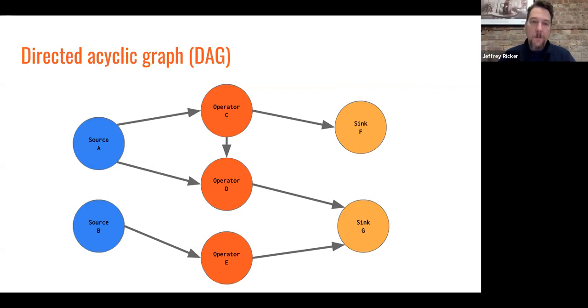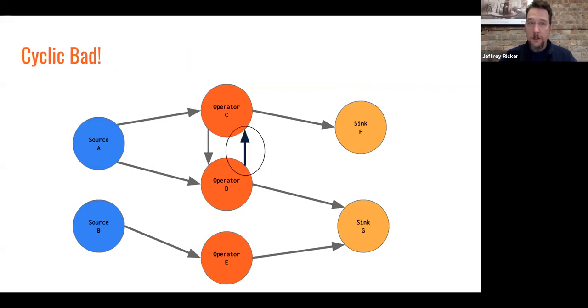And finally, it's acyclic, meaning that nowhere can you circle back by following the arrows to the same node, which means that no operator consumes the results of its output. This is very critical, right?